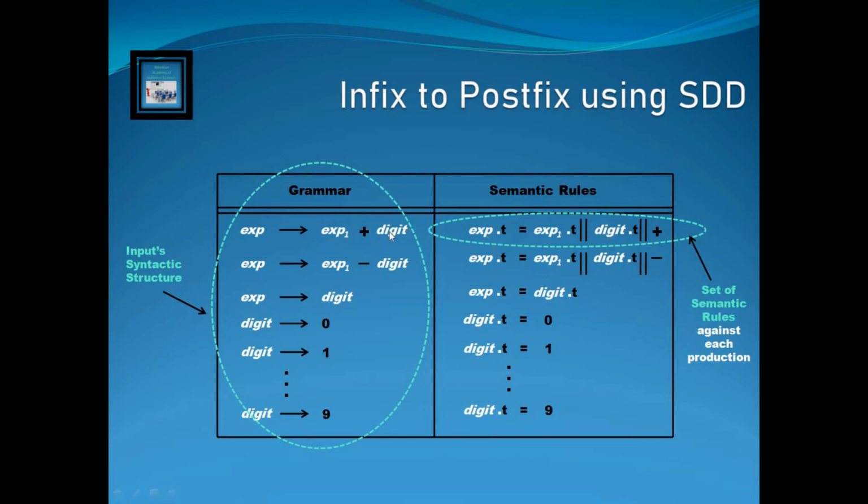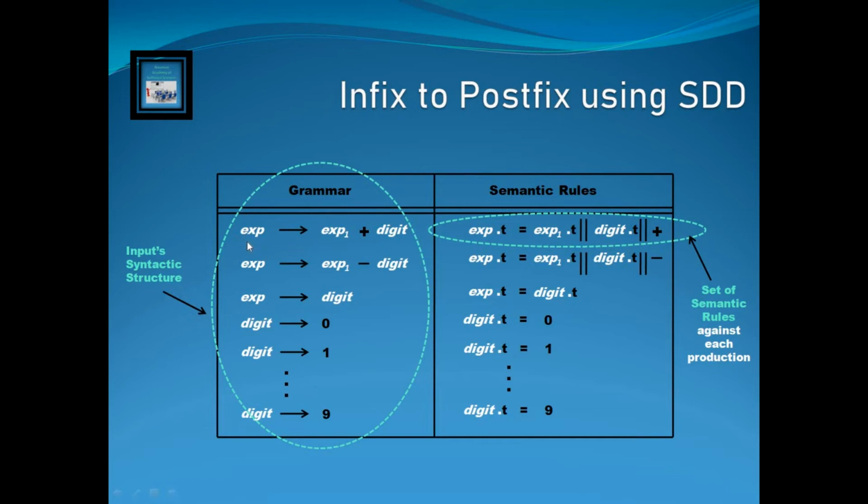Okay, now if you see the second column, then you see that there is a set of attributes associated with each production. For example, consider this first production, expression can have the form of expression plus digit. Here only one rule is given, because we have to evaluate the postfix form, and postfix form is just one thing, so we just have to give through semantic rules how to evaluate the postfix form for a particular infix form.